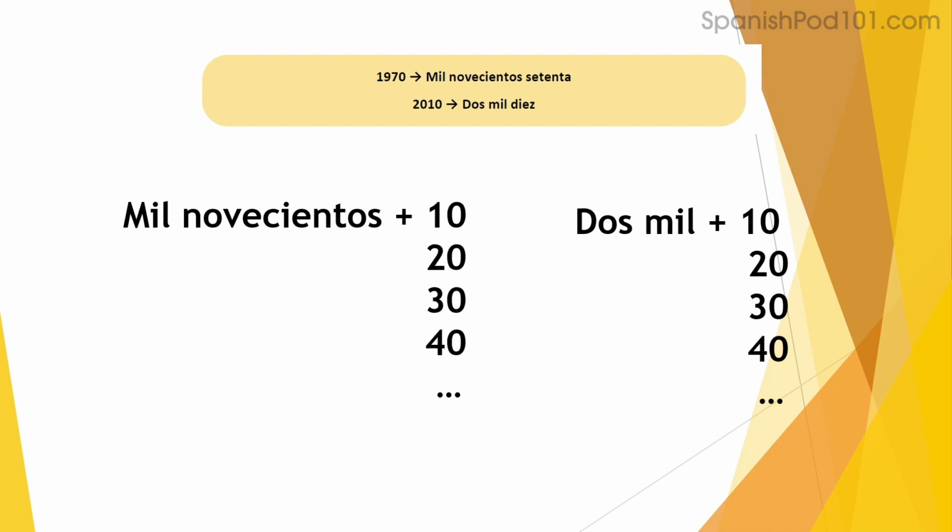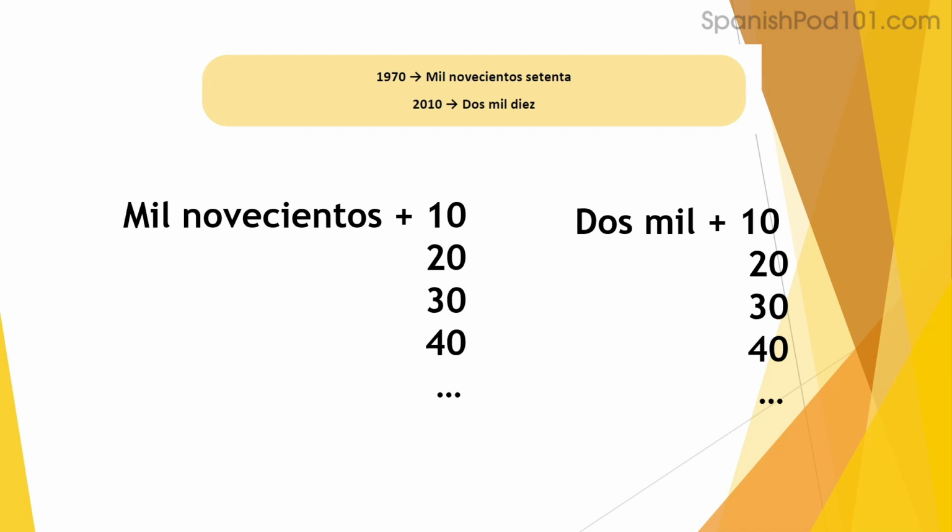Let's pronounce it in Spanish. 1970. Repeat. 1970. So basically what we're saying here in Spanish is "mil novecientos setenta". That's what we're saying.